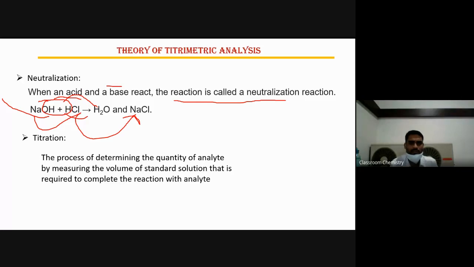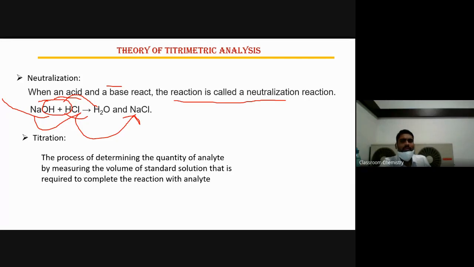Why does this happen? Because if we take 25 ml of 0.1 normal NaOH or HCl, then for neutralization of OH minus, there is a requirement of 1 H plus. 1 OH minus is replaced by H plus and finally comes to a water molecule. If there are 25 moles or 25 OH minus, then it must require 25 H plus.